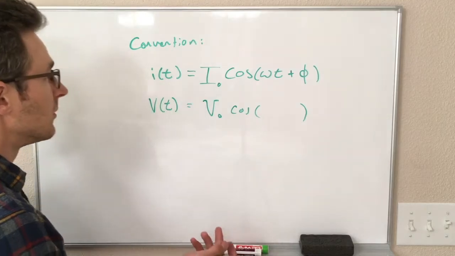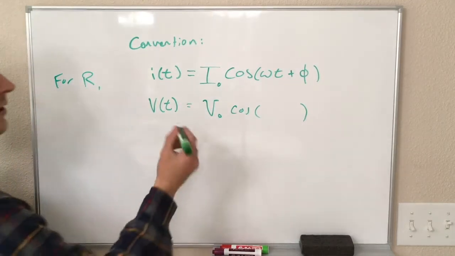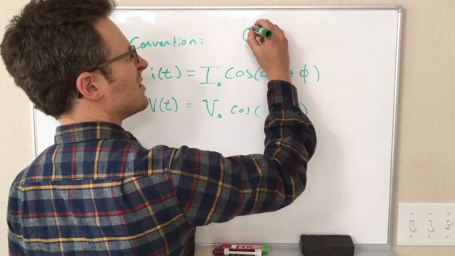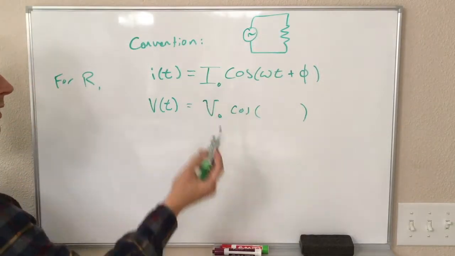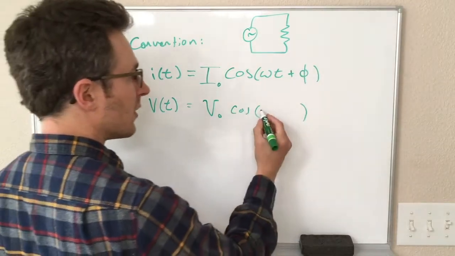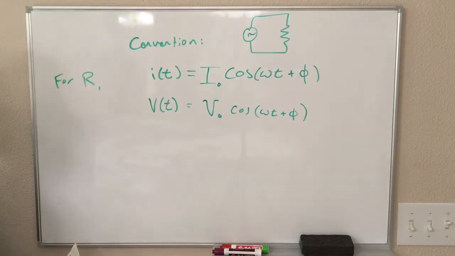So if we do have a resistor, let's imagine we have a very simple circuit. Okay, we have an AC voltage source going into a resistor. If this is true, then we know that these two are in phase, and we can write cosine of omega t plus phi. Those two are going to be the same.